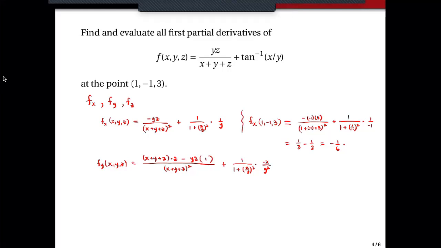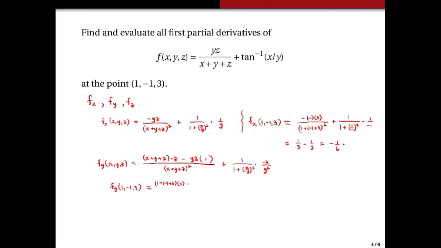And then we evaluate. Let's have f sub y at 1, negative 1, 3. So in here, we have 1 plus negative 1 plus 3 times 3 minus negative 1 times 3, divided by 1 plus negative 1 plus 3 quantity squared.